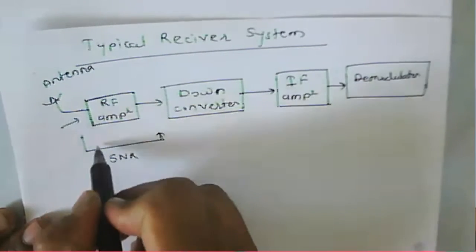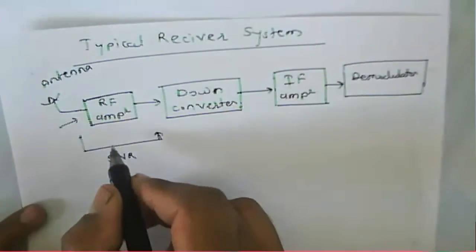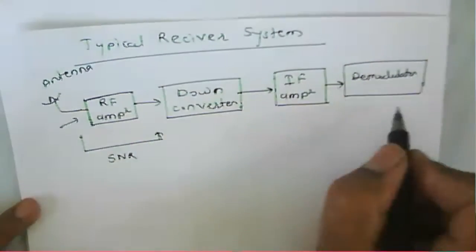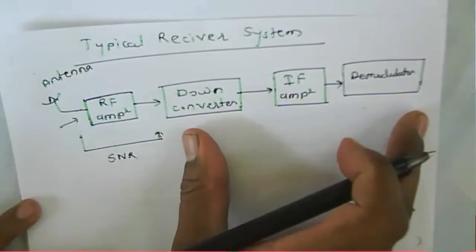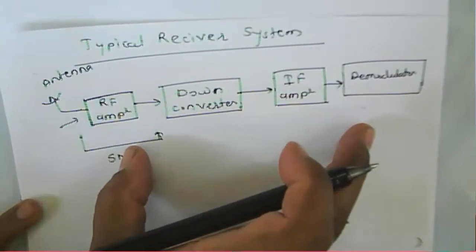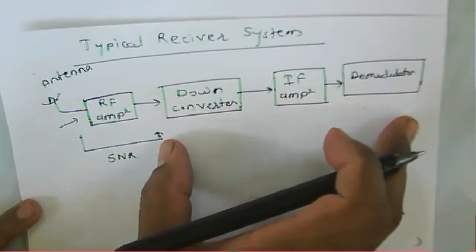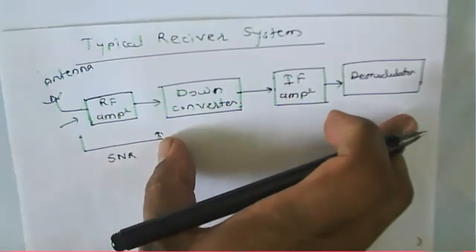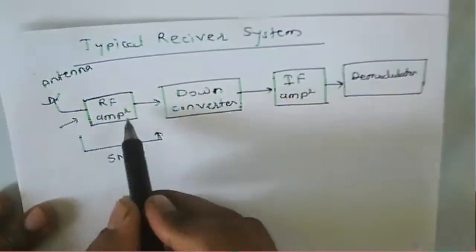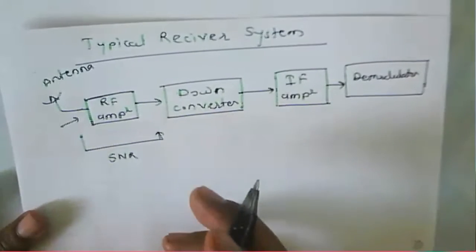So this particular component affects all other components in the receiver system. Then the overall receiver has a large noise, or you can say that the RF amplifier deteriorates the noise throughout the system.